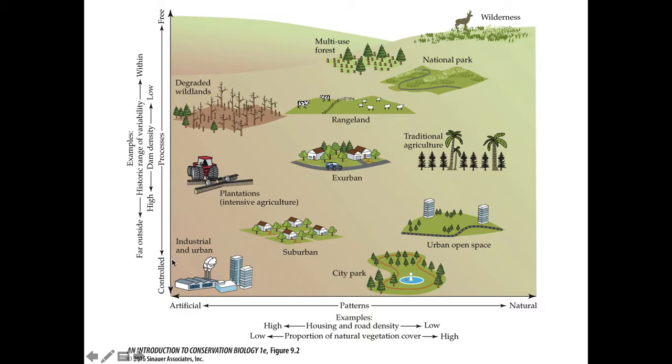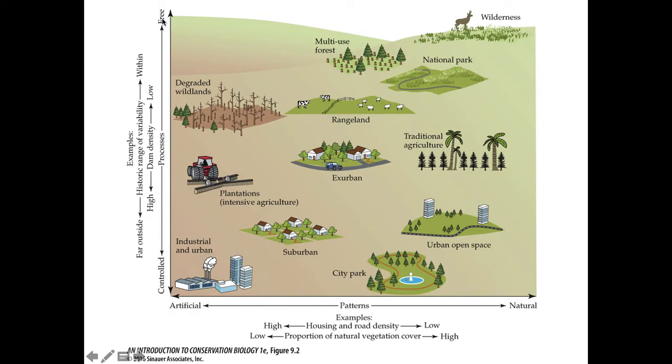So the most controlled and artificial are like urban and industrial development. If we go along this more natural but still very controlled axis, we get to things like city parks and other sorts of parks that are planned very carefully, but are more natural because they have more plants, more wildlife.